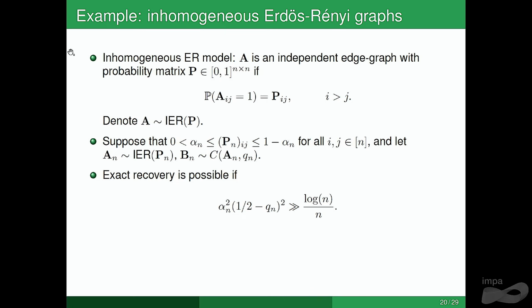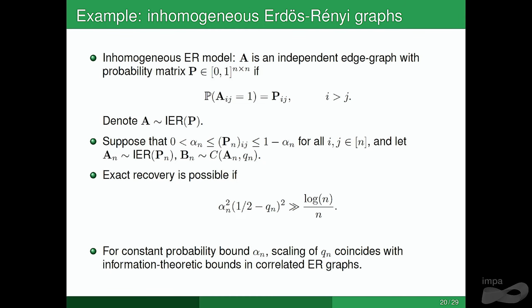So now, going back to Roberto's question, comparing this to the Erdős Rényi model, if we look at the fixed probability bound alpha, let's say we assume that alpha is constant, these two conditions exactly correspond to the previous result that I showed for the correlated Erdős Rényi model. We can think of this 1/2 minus Qn as the parameter S in the correlated ER model.